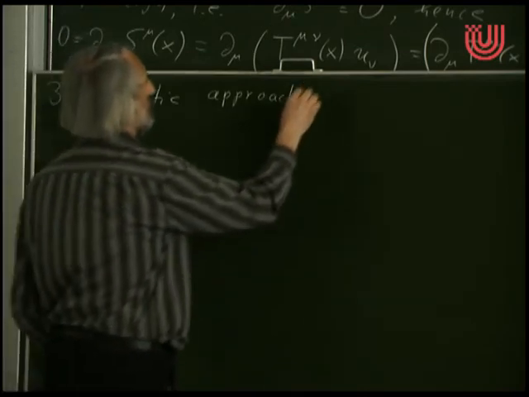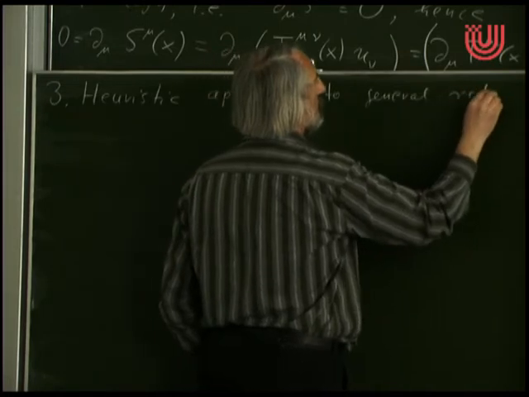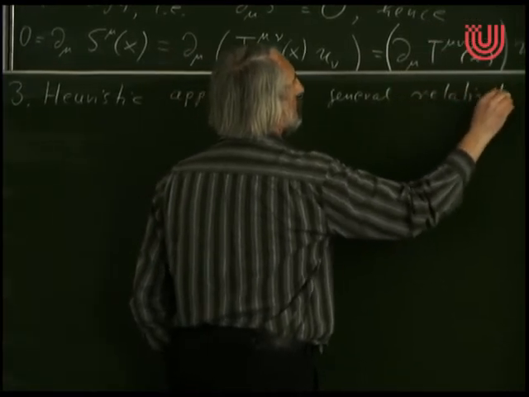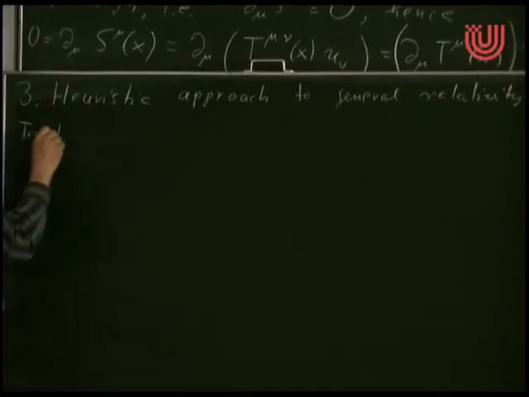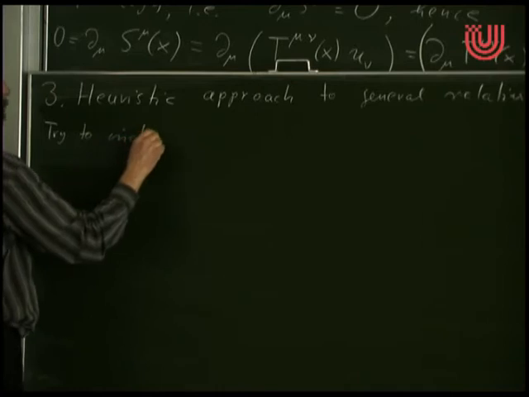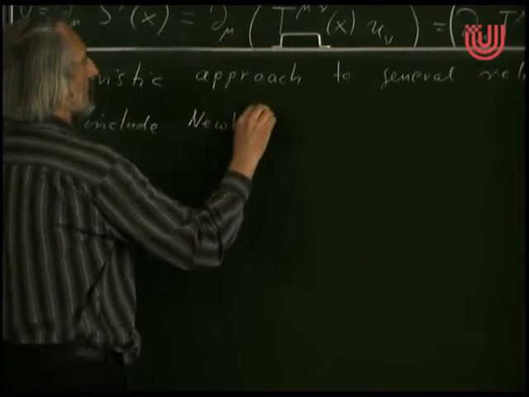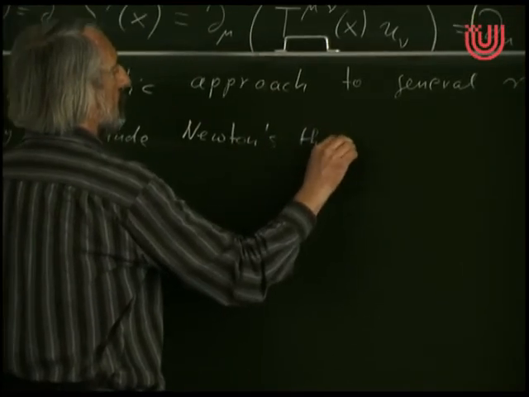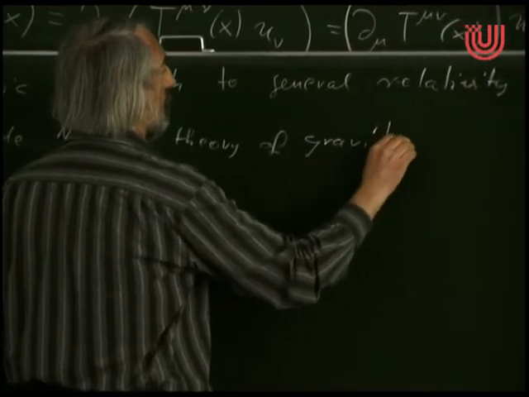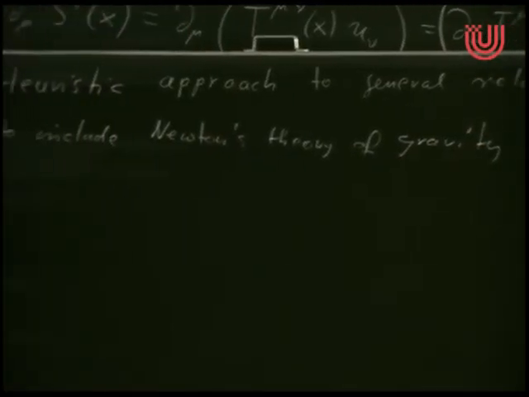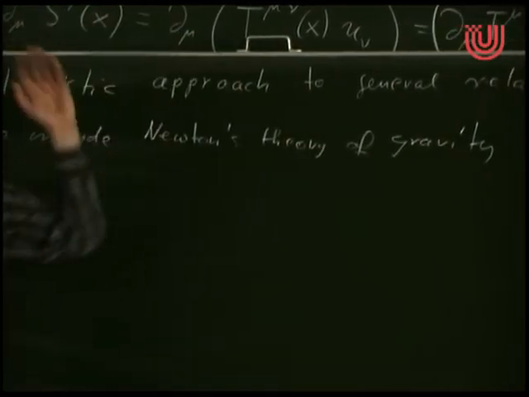Heuristic approach to general relativity. So the obvious attempt is that we try to include Newton's theory of gravity, which was an excellent theory. It has explained so many things, the motion of the planets, and actually, up to now, people use this theory to fly to the moon, and they arrive, they want to arrive.